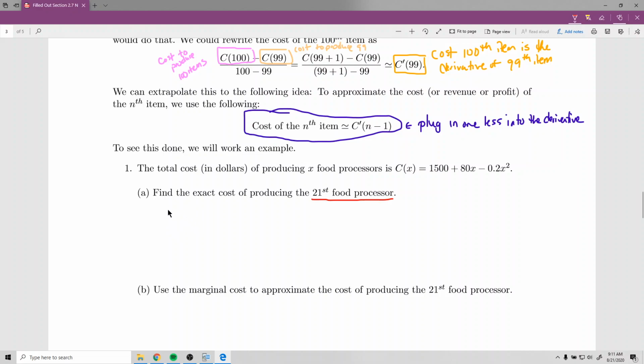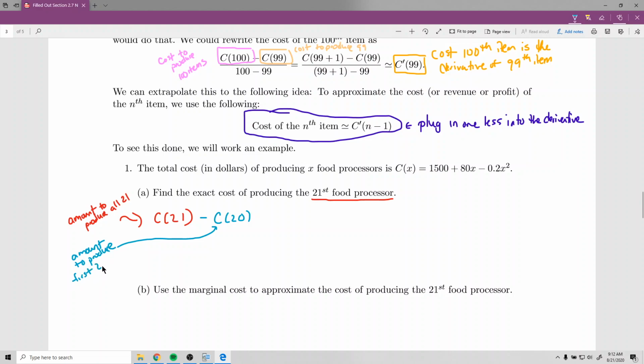Well, just like I outlined above, C of 21 gives us the amount to produce all 21. But we don't want all 21, we just want the 21st, so we have to subtract off C of 20, which is the cost to produce the first 20.